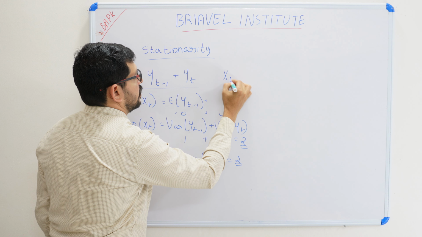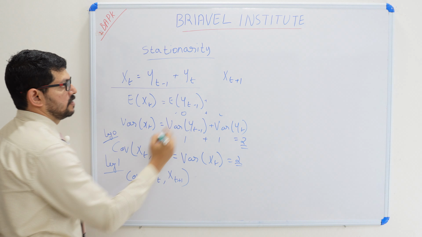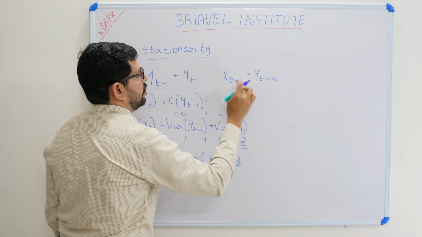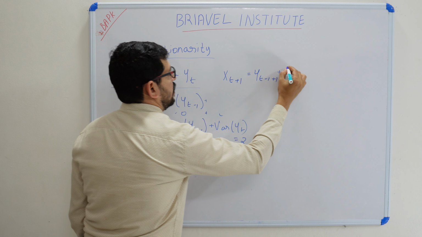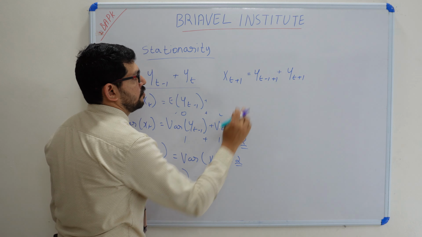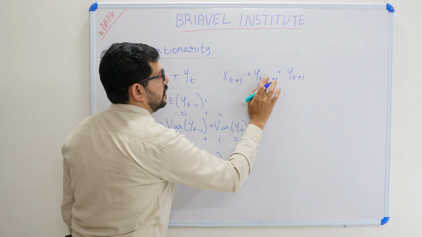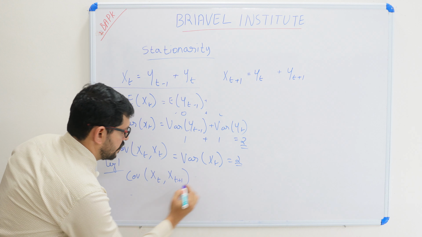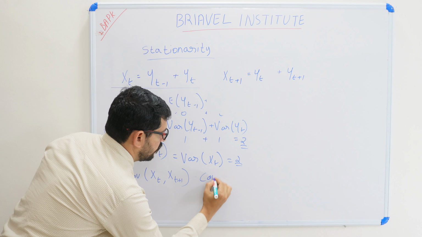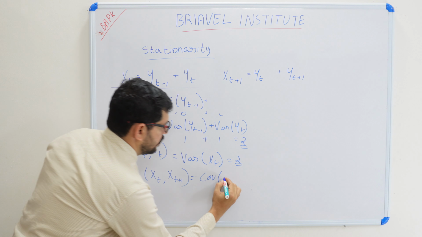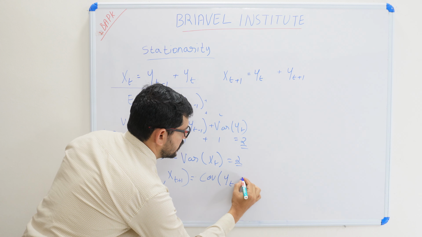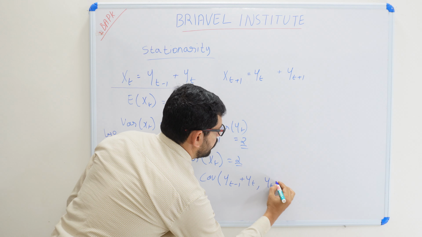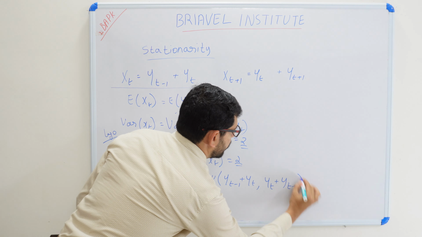What will S(t+1) be? We have to add 1 to all the terms: Y(t-1+1) plus Y(t+1). Minus 1 plus 1 gives Y(t), so S(t+1) is equal to Y(t) plus Y(t+1). So the equation will be the covariance of Y(t-1) plus Y(t), comma Y(t) plus Y(t+1). This is our equation.